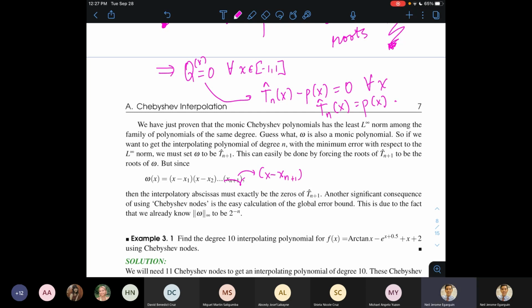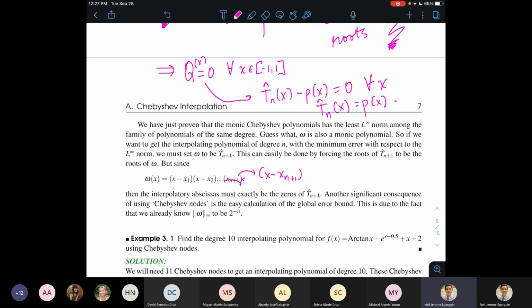So basically, for omega to have the minimal L infinity norm, omega must be the Chebyshev polynomial. And for omega to be the Chebyshev polynomial, it must have the same roots as the Chebyshev polynomial. So we must force the issue that the abscissas we use in the interpolation are exactly the roots of the Chebyshev polynomial.